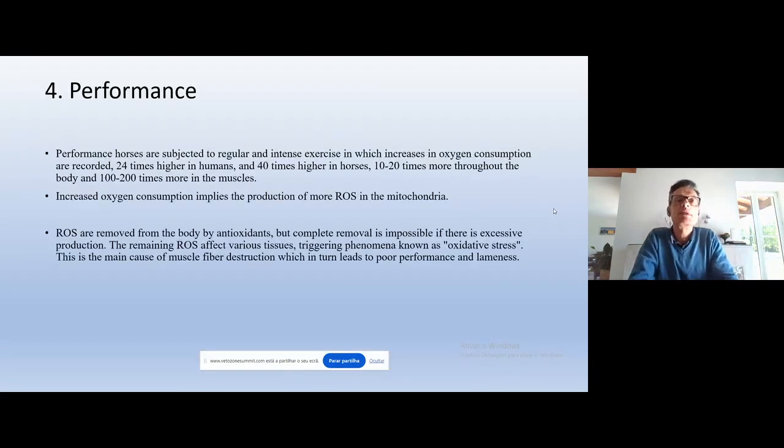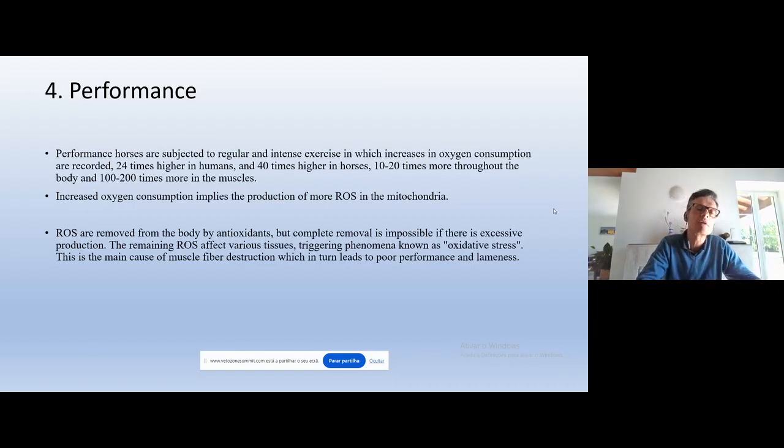In terms of performance, here I'm going to give you first an introduction of 3 slides where we see the point of view of conventional medicine, how our colleagues are trying to study and approach performance, because what is being investigated runs like parallel streams.